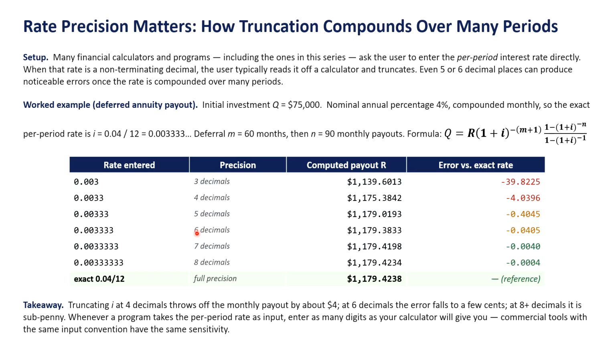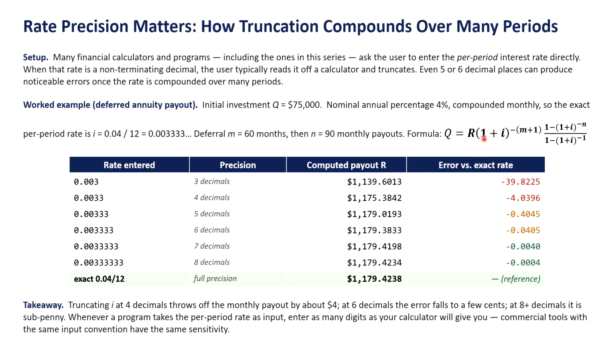It's all the way out to 6 decimal places, and you do the computation, and you're off by a little over 4 cents.